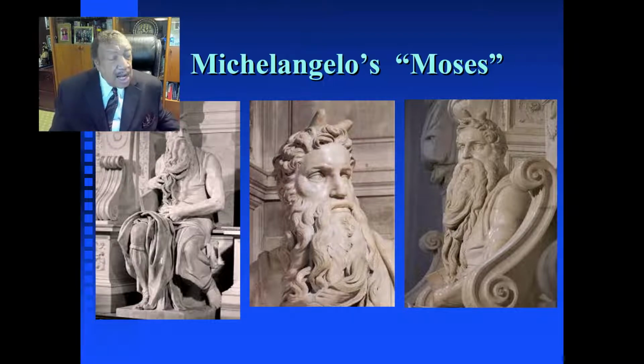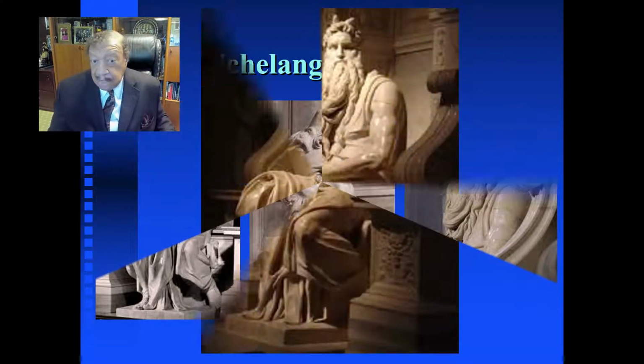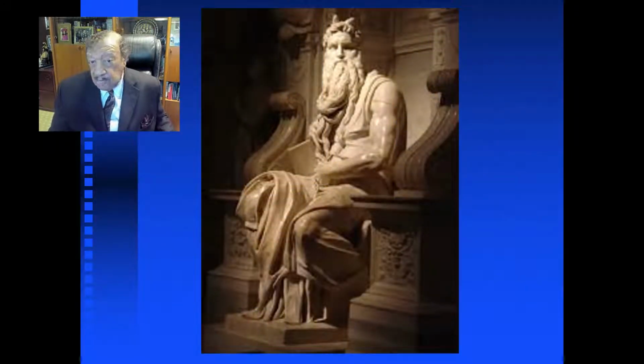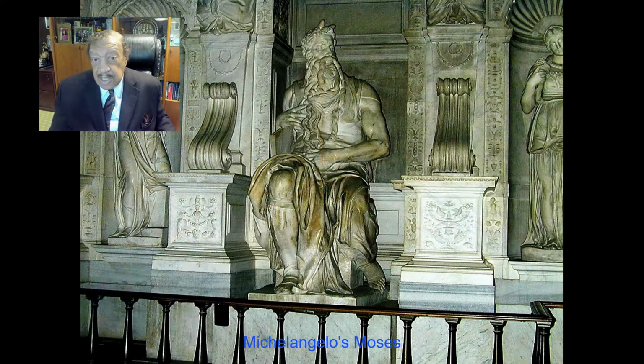Biblical scholarship tells us that Moses lived to be 120 years of age. And yet that body and those arms and those legs and that physique looked like a Greek athlete. He was able to move in a single piece of marble again and carve this Moses. Had this piece of sculpture stood up, it'd probably be about 10 feet tall.